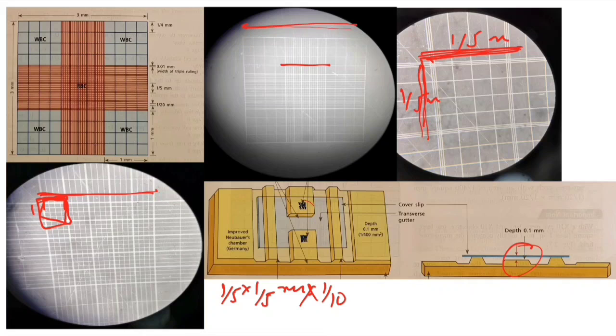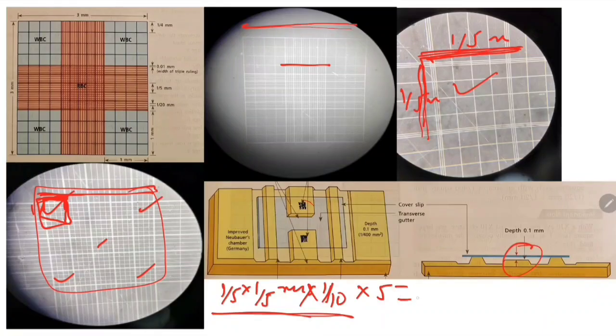So the volume of this area we can calculate, 1 by 5 into 1 by 5 into 1 by 10 millimeter, and into 5, because we are going to count 5 of this type of box, 1 2 3 4 5. So the total volume we are going to count, if we calculate, will be 1 by 50.